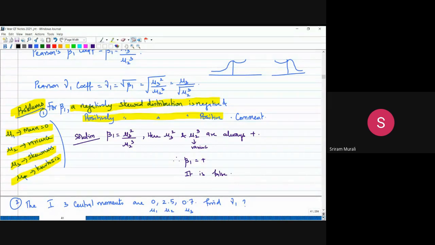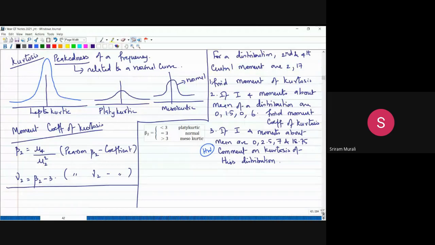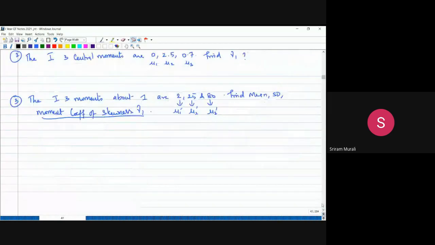If I use it, gamma 1 is equal to square root of beta 1, which is mu3 divided by the square root of mu2 cubed. This is equal to 0.7 divided by square root of 2.5 the whole cube. That is equal to 0.77. That is the answer.